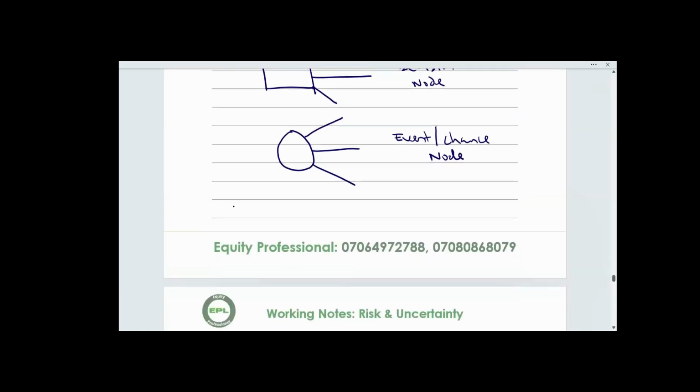Then step 3, you assign payoff value and probability to each node.